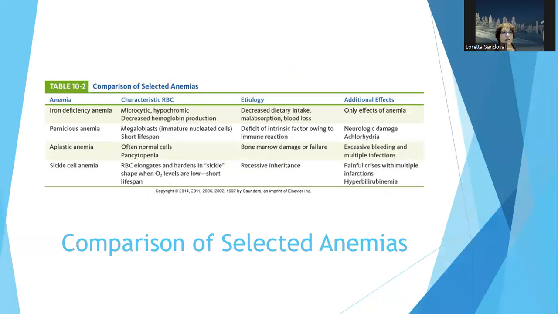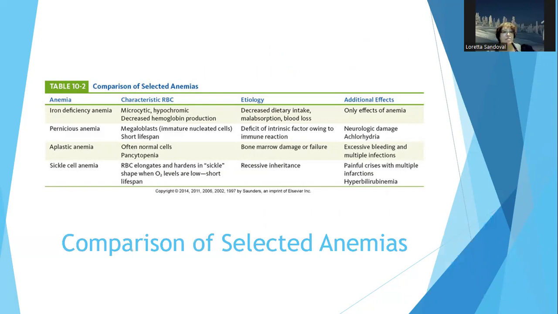So this is a comparison of the different anemias that we've talked about. This is a lovely chart for you to study from. This is in the book. My favorite little green and white charts, right? Each one of the anemias has a characteristic red blood cell, except aplastic anemia, where the red blood cells are normal, but you have pancytopenia.